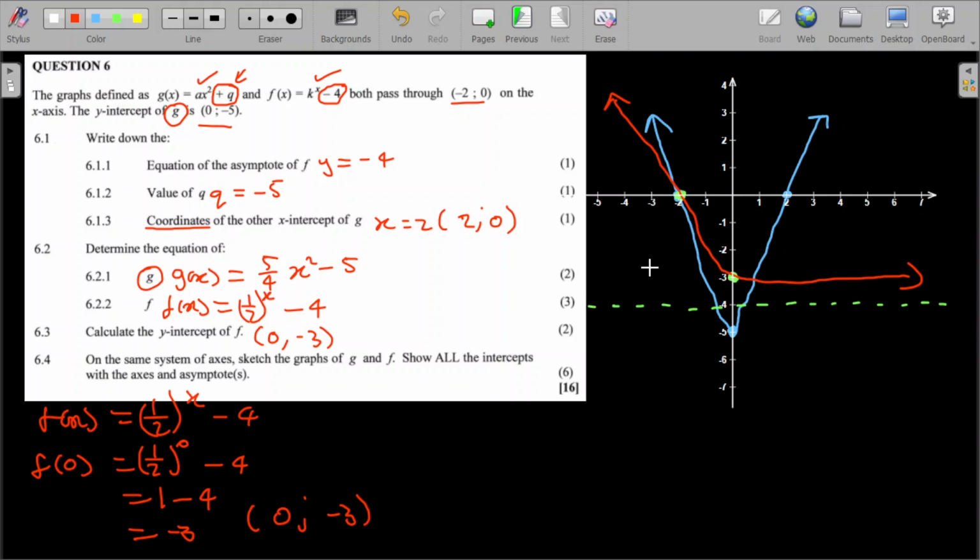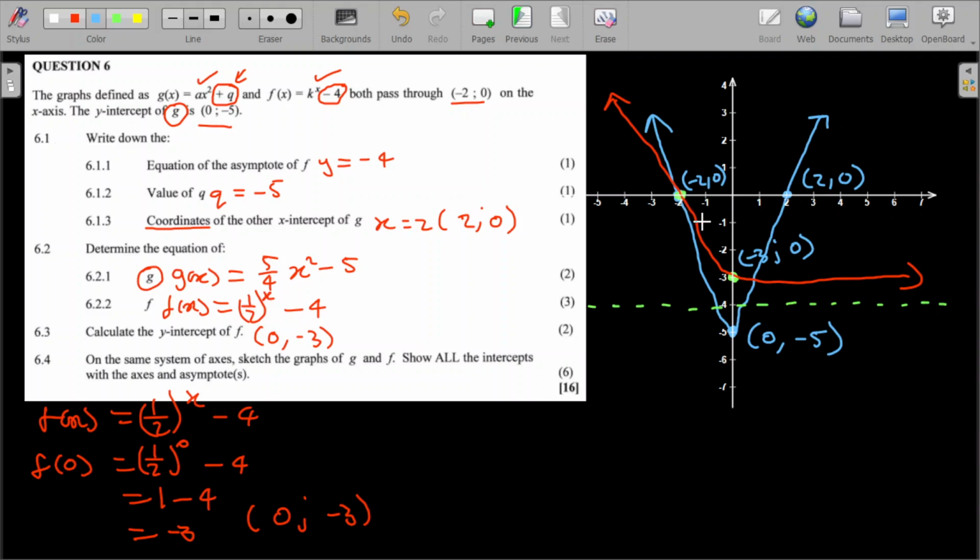So these are the two graphs that you needed to draw on the same set of axes. What is very important also, we need to indicate that this is 0 maps to -5, and here we have 2 into 0, and here we have -2 into 0, and here we have -3 maps to 0.